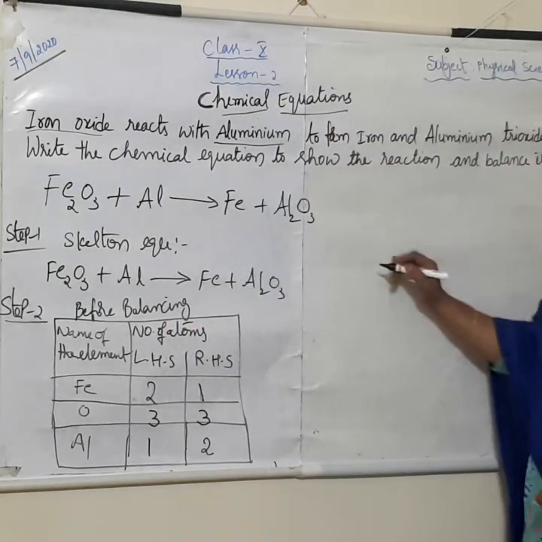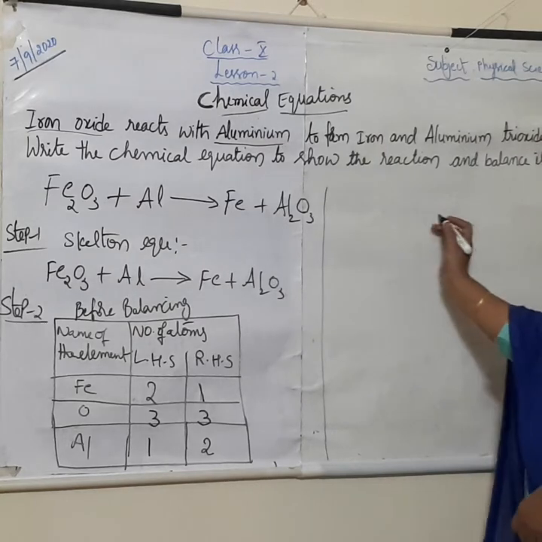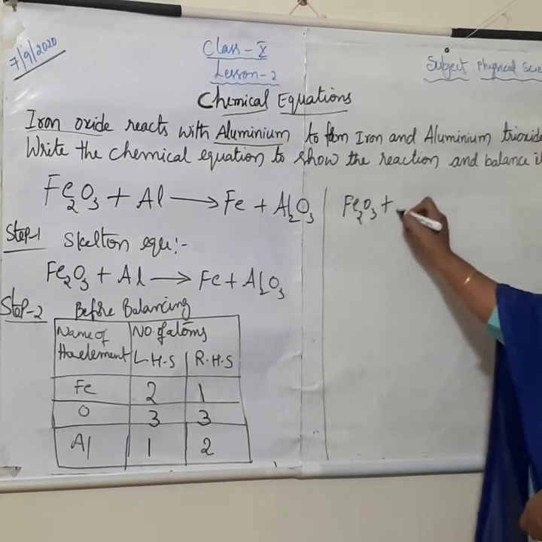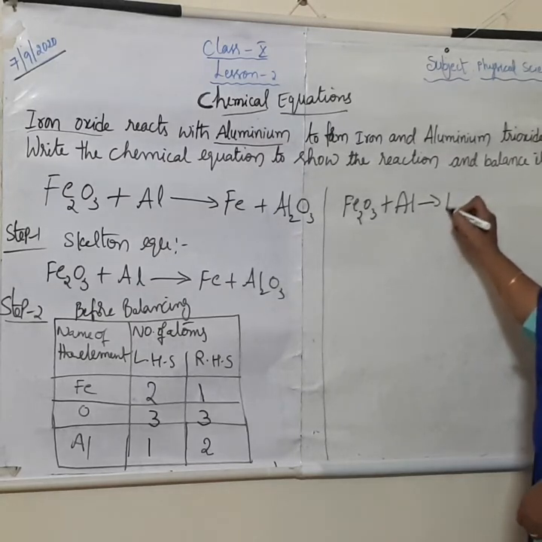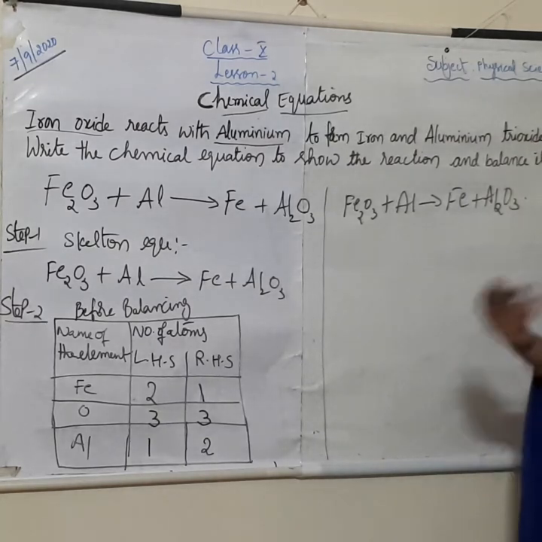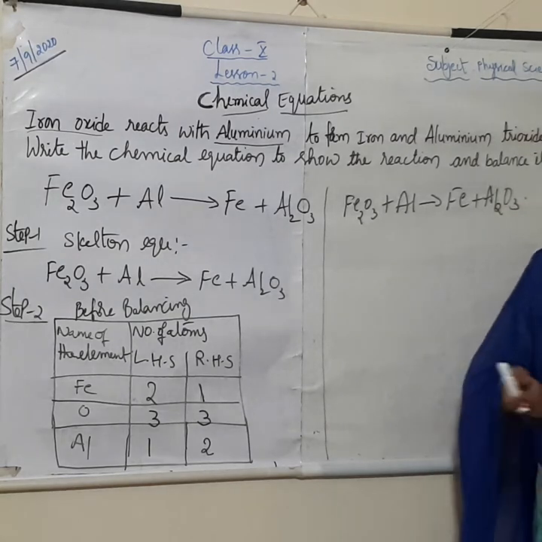Now again we will write the skeleton equation: Fe2O3 plus Al gives Fe plus Al2O3.